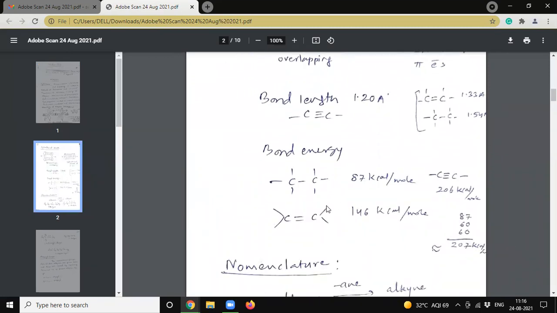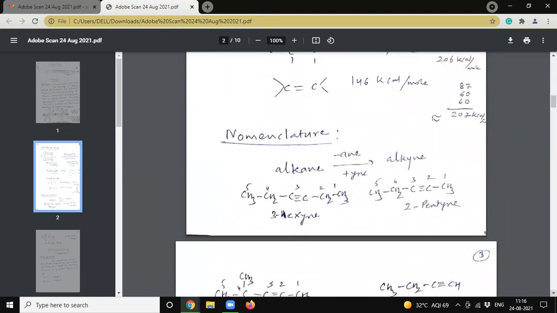Bond energy of alkynes is higher than alkane and alkenes because of 2 pi bonds and 1 sigma bond. So the total bond energy is about 207 kilocalorie per mole.